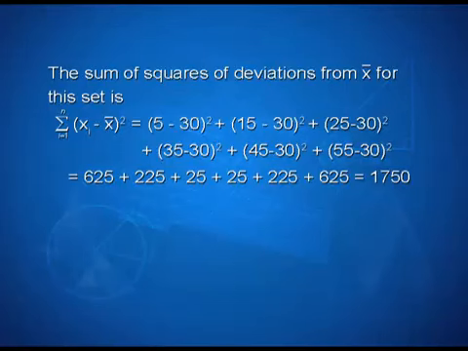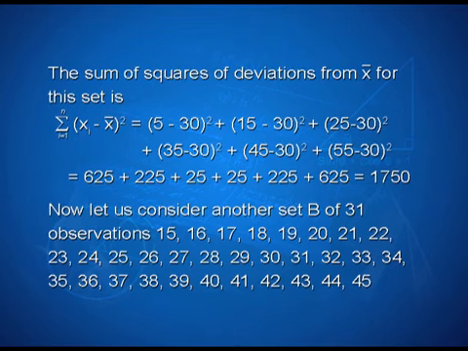The sum of the squares of deviations from x bar for this set is equal to (5 minus 30) whole square plus (15 minus 30) whole square plus (25 minus 30) whole square and so on, which can be calculated as 625 plus 225 plus 25 plus 25 plus 225 plus 625, that gives us 1750.